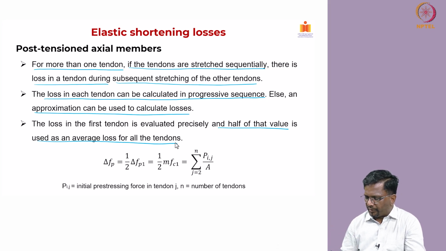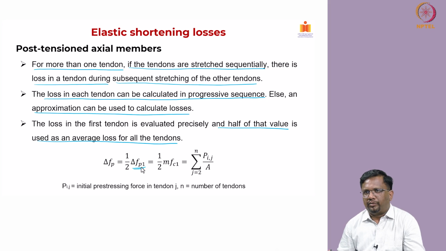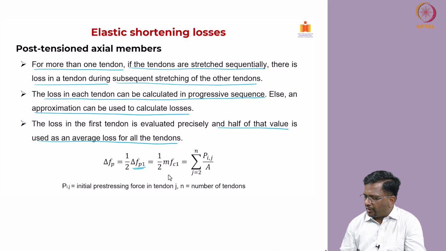So, this is what we are doing. Okay. Now you can see that this is half of delta Fp1, which is the loss in the pre-stressing for the first cable. Now, this again can be written as m into Fc1. So, you can add them up.